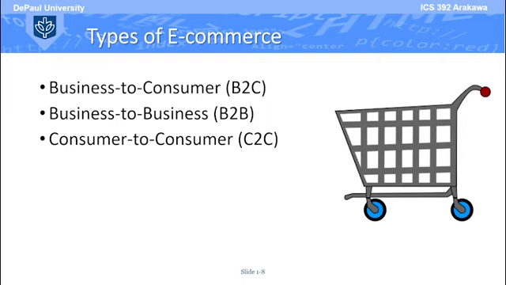So that's a way to categorize the type of e-commerce based on who's doing the selling and who's doing the buying. We can also categorize types of e-commerce based on the platform that we're using, such as mobile e-commerce on our smartphones.